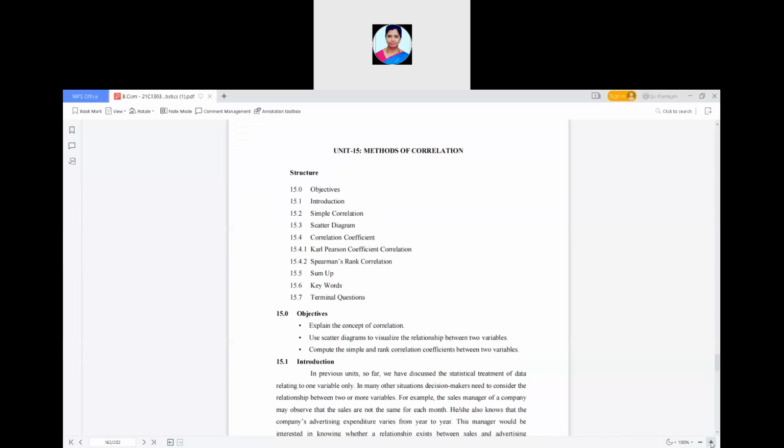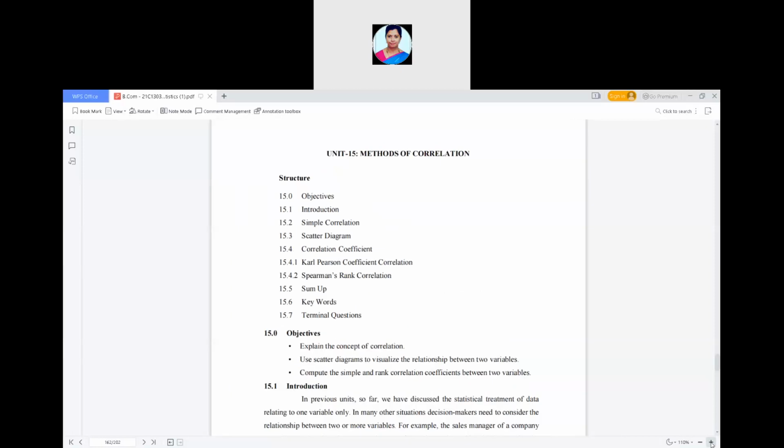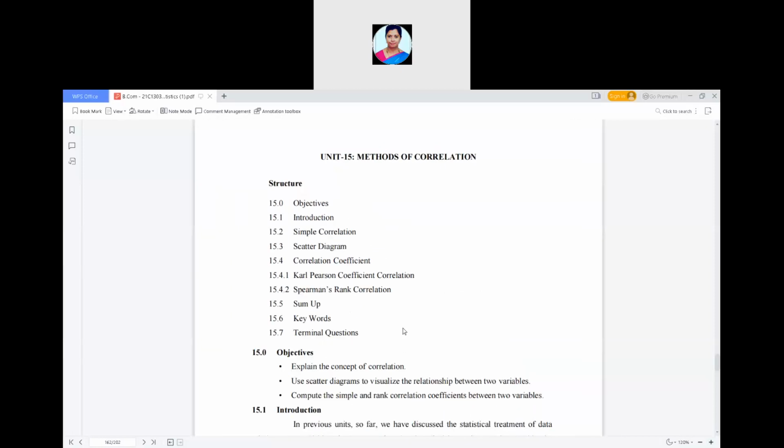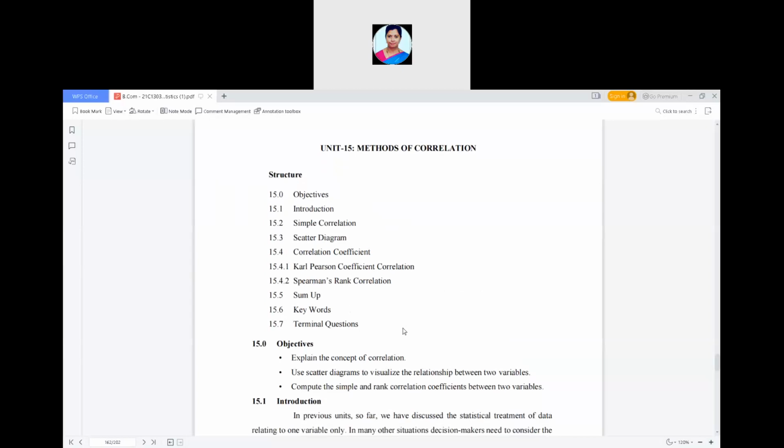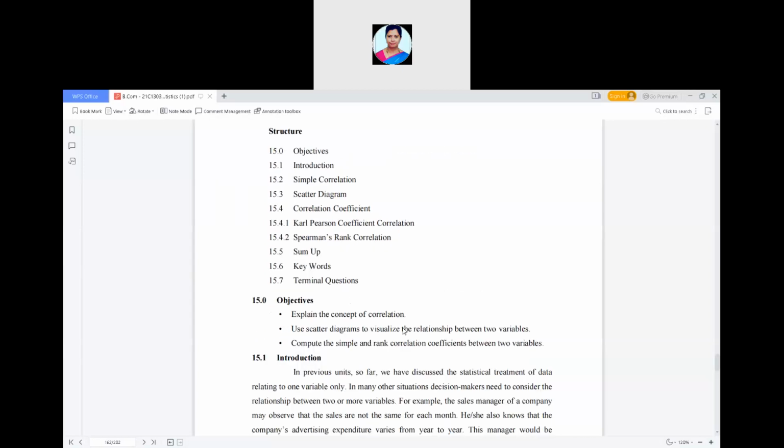The structure of this unit is objectives, introduction, simple correlation, scatter diagram, correlation coefficient, Karl Pearson's correlation coefficient, Spearman's rank correlation, and the sum up of this unit, keywords and terminal questions. What is the objective of this unit?